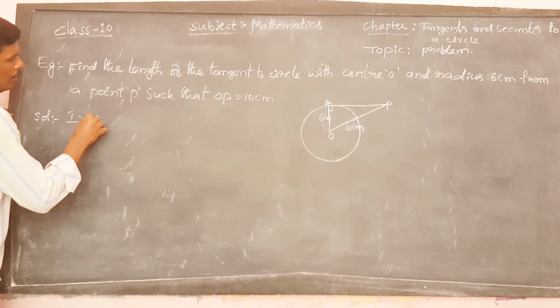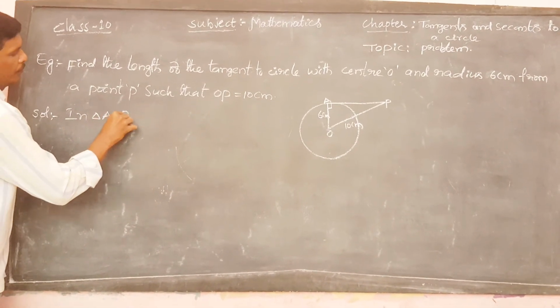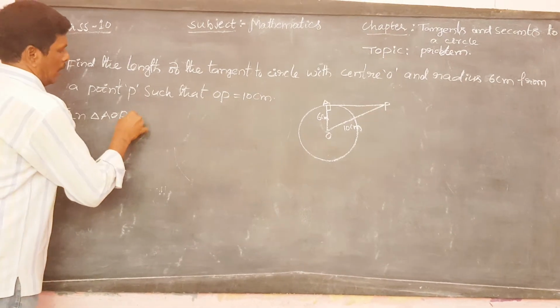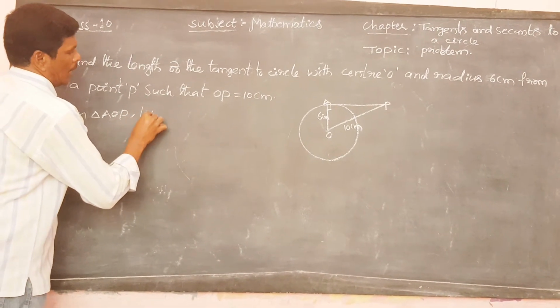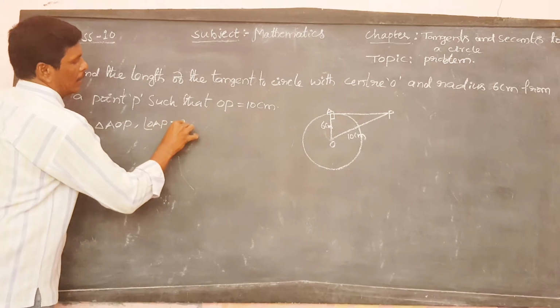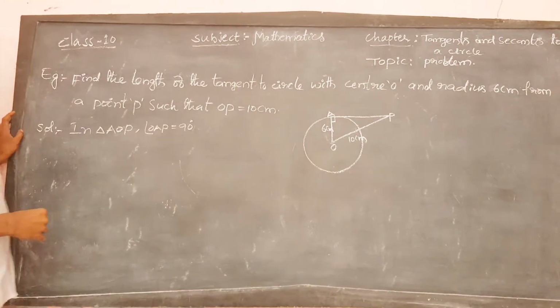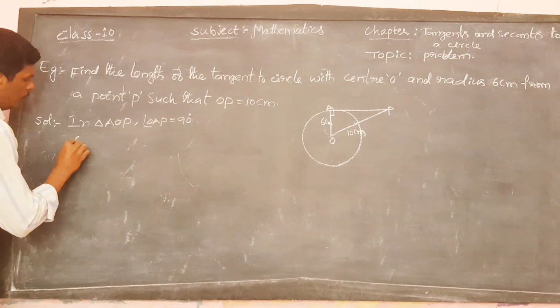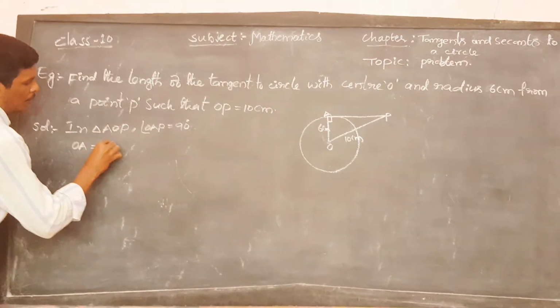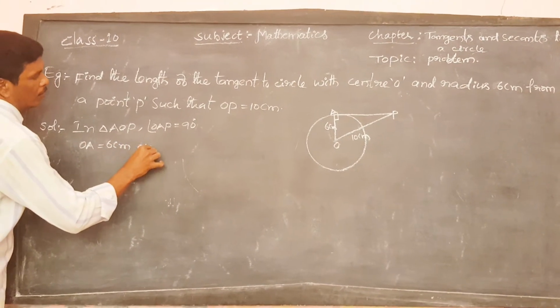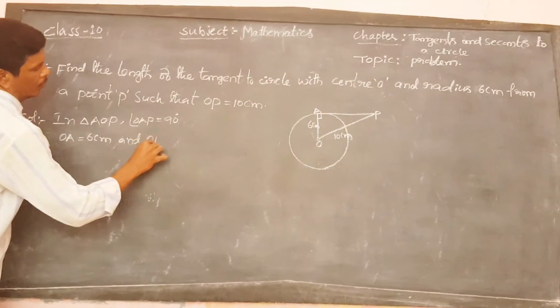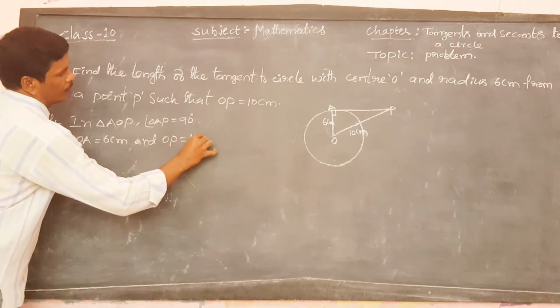Suppose in triangle AOP, angle OAP equals 90 degrees. Okay, understand? OA equals 6 centimeters and OP equals 10 centimeters.